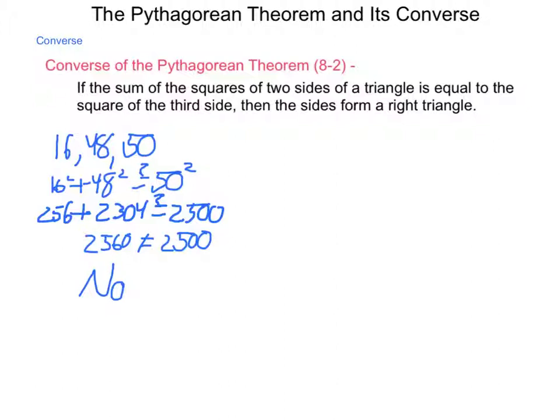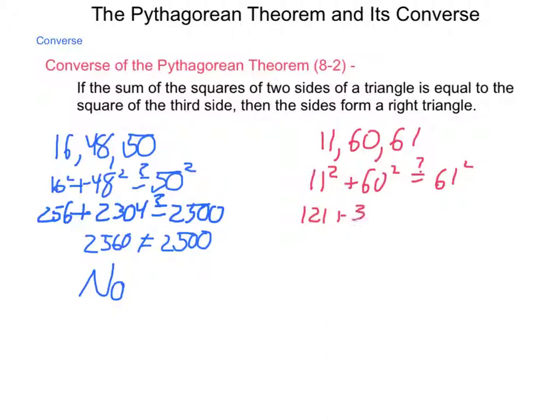Let's take a look at a different set and test to see if those would work. Let's try 11, 60, and 61. Again, our longest side would have to be the hypotenuse, so we're going to try 11 squared plus 60 squared, and we want to know, is that equal to 61 squared? 11 squared is 121, 60 squared is 3,600, and we want to know, is that equal to 3,721, which is 61 squared.